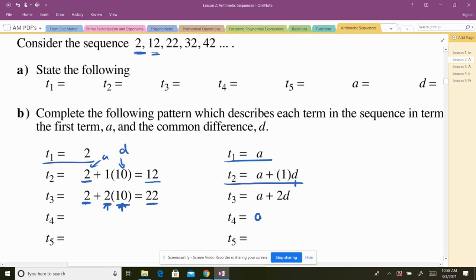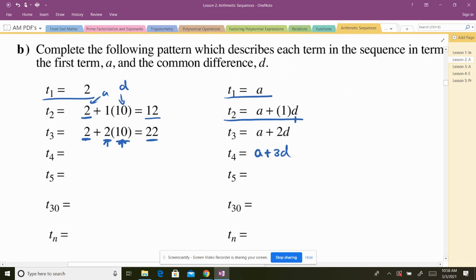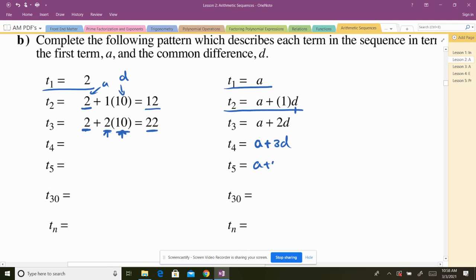The fourth term is A plus what? 3D. What's the fifth term? What's the 30th term? Yeah, A plus 29D. Notice that this 5 and this 4 are always one less, right?